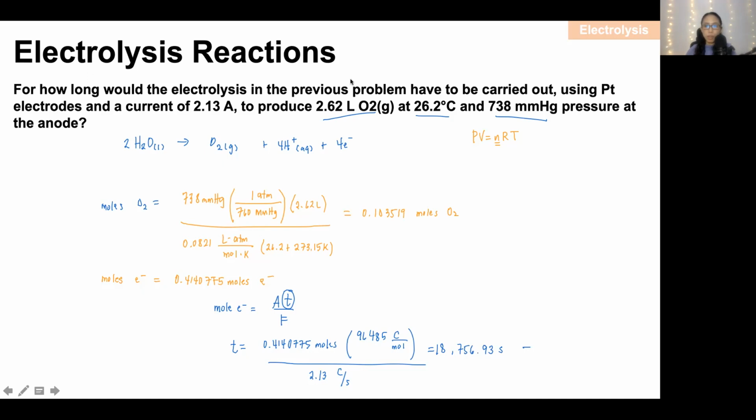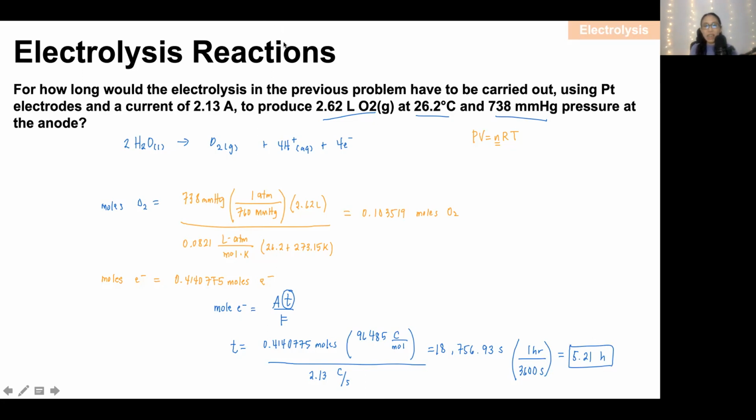So to convert this, we divide this by 3,600 seconds in 1 hour. So we get 5.21 hours. So you need to perform the electrolysis reaction for 5.21 hours to get 2.62 liters of oxygen gas using 2.13 amperes of current.